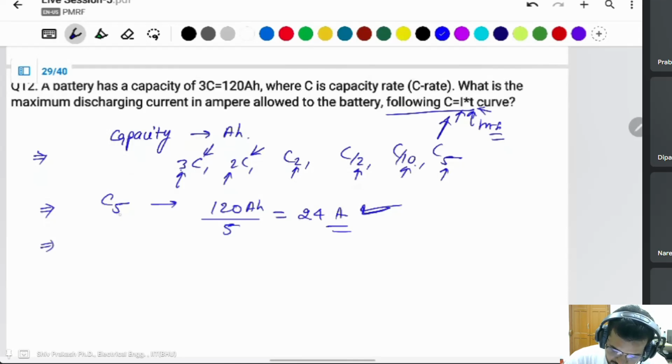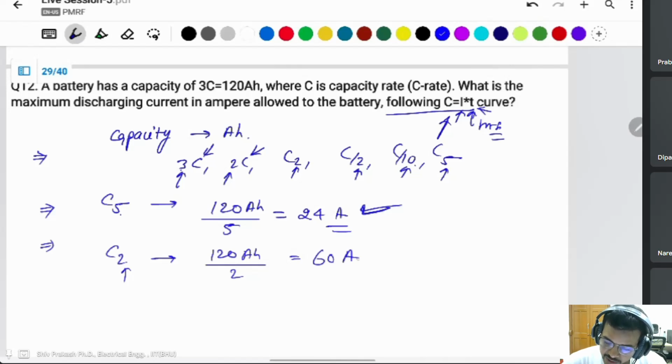If there is a 5 after the C, or C2, it means divide the capacity by 2, so the battery is fully discharged within 2 hours. Then what is the ampere? It would be 60 ampere. If it discharges at 60 ampere, then the total battery will discharge in 2 hours.